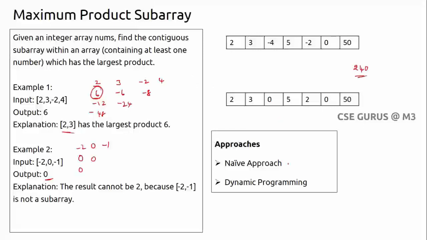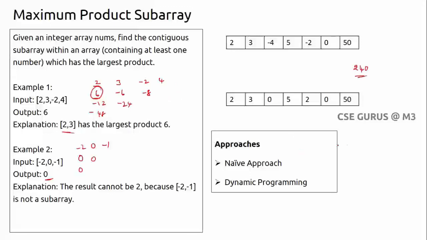So the general naive approach, what is that? Simply take all the subarrays. Let us suppose 4 elements are there. First you get 4, next 3, next 2, next 1, and then you have to get the maximum value. What is the time complexity?